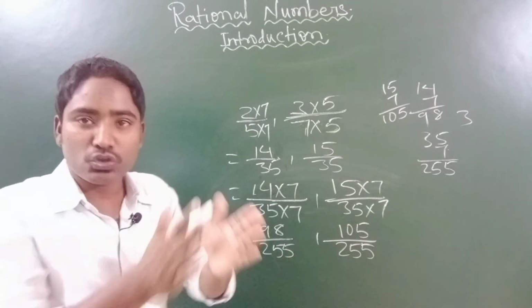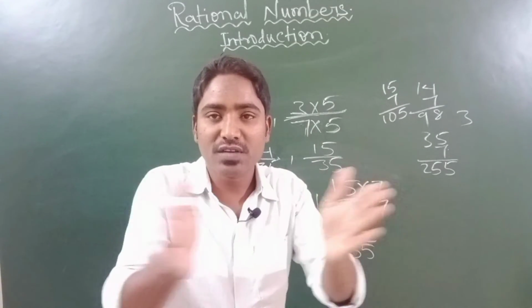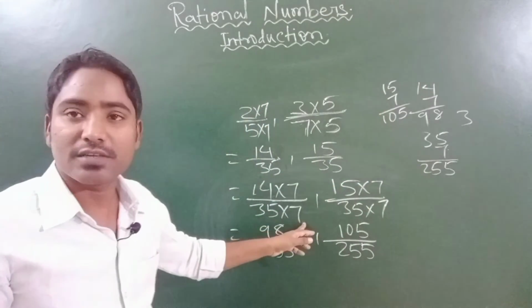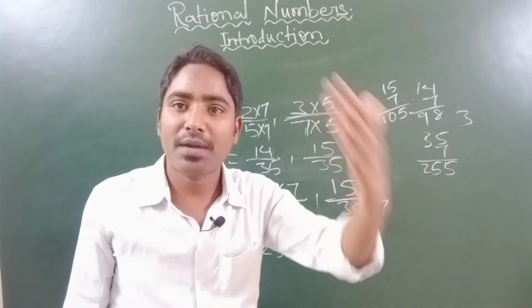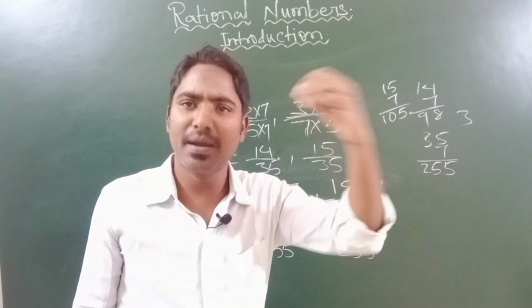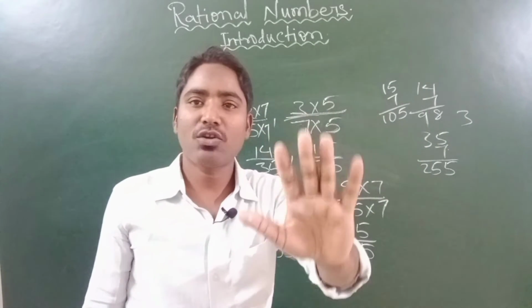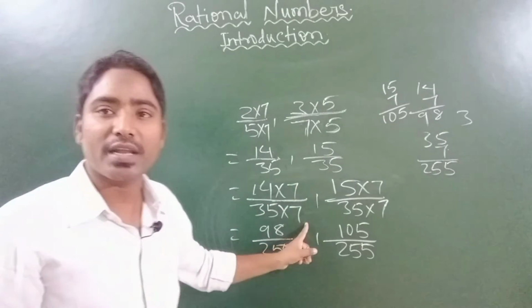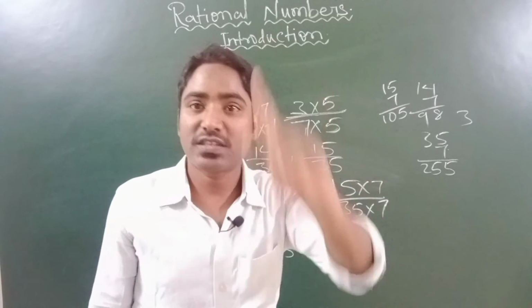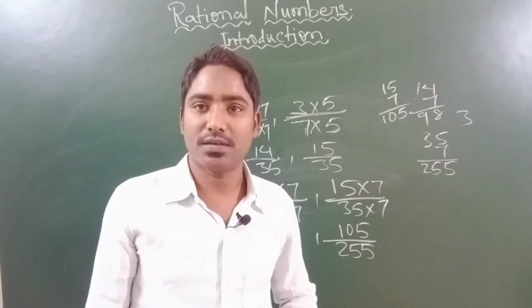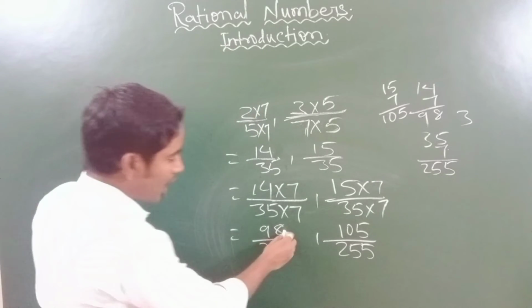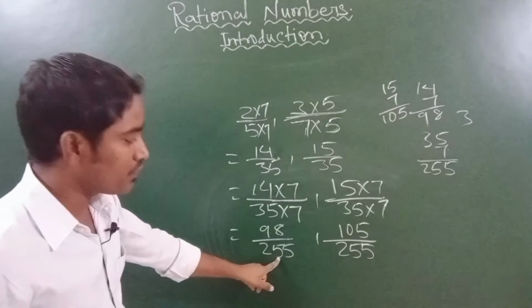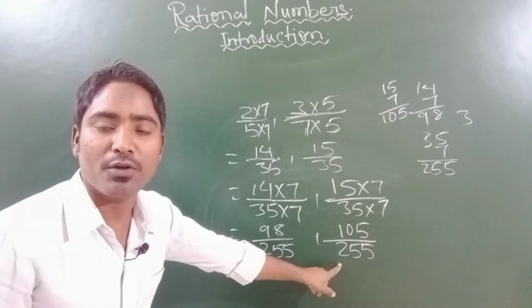So just to create the space between two rational numbers, I multiplied with 7. You can multiply by 9 also, you can multiply by 5 also, you can multiply by 19 also, depending on you. But you have to take care of one thing, that you have to multiply the numerator and denominator with the same non-negative integer. Okay, so here now I got 98 upon 245 and here 105 upon 245.